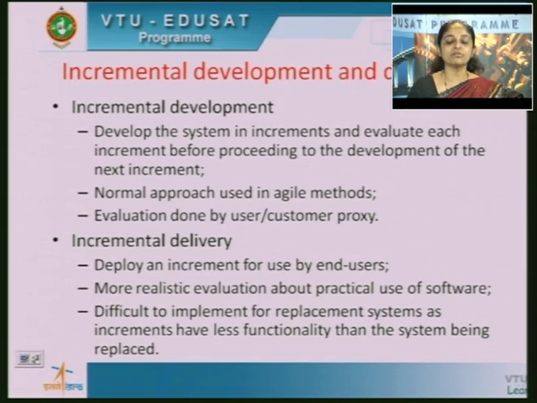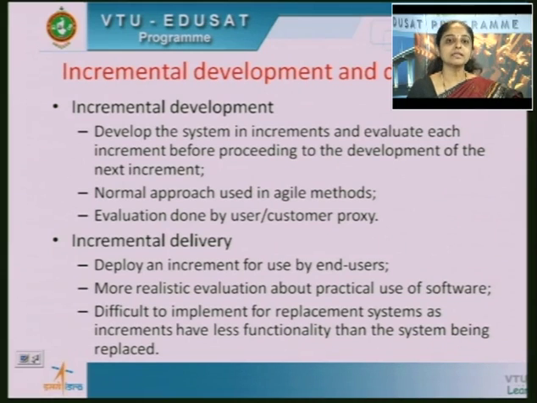Okay. Now, we realize that in incremental development, you are going to give the software part by part or piece by piece. So, the functionality could be much lesser than the functionality of the entire system. This kind of incremental development that we are talking about cannot be implemented for a system that cannot be replaced.